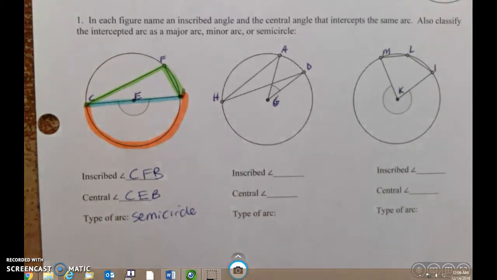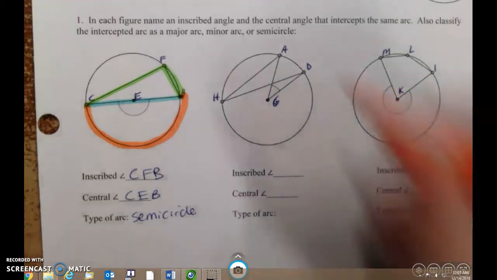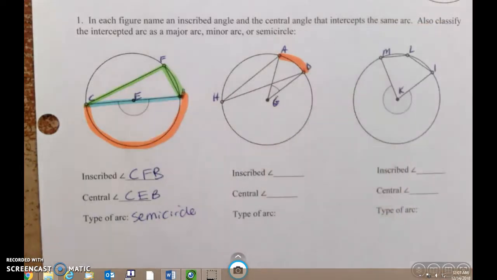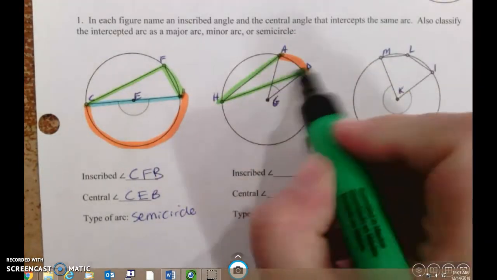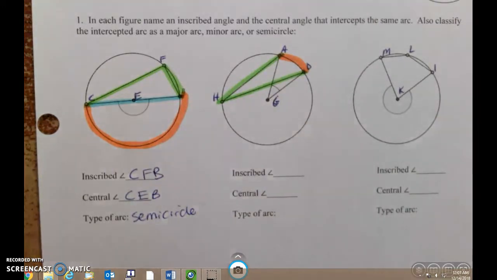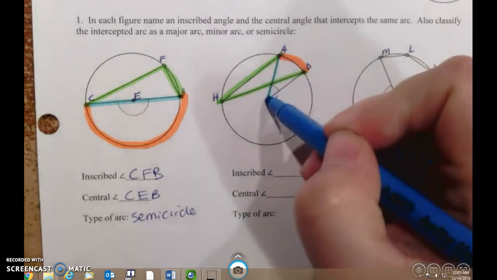In the next one, I'm looking for two angles, an inscribed and a central angle that both intercept the same arc. So if I look, I see that arc AD is intercepted by the inscribed angle AHD and the central angle AGD.